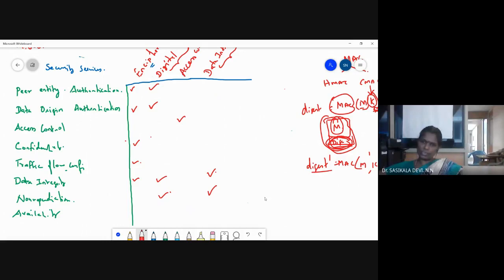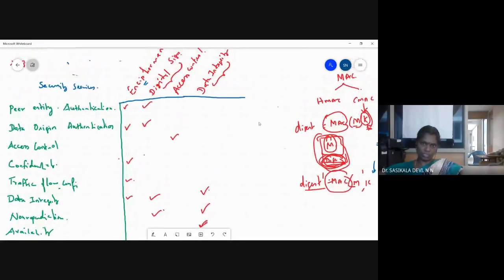Somehow it also provides availability. If the document is computed using the MAC algorithm with key K, the receiver can verify that the person is the correct person, not an intruder or hacker. The data integrity algorithms, HMAC and CMAC, we're going to discuss in the third unit.